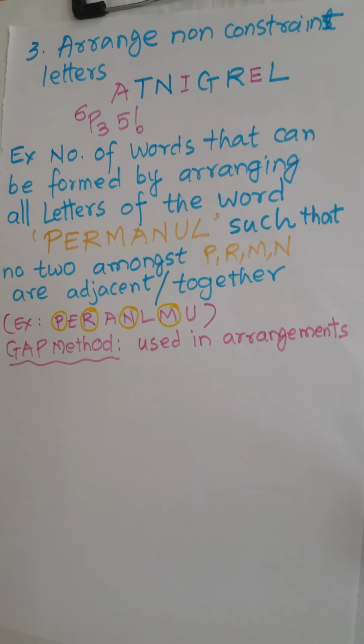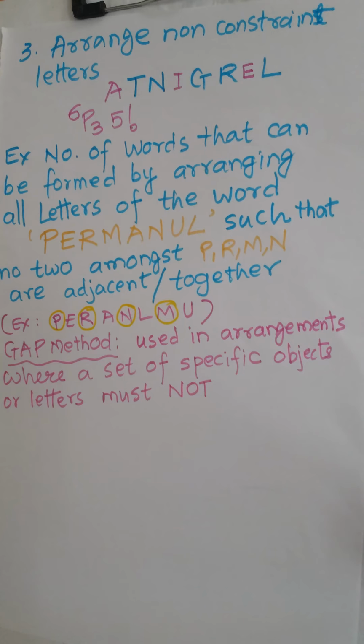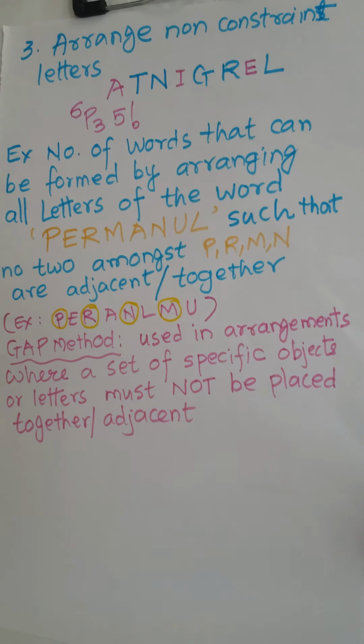The gap method is used in arrangements where a set of specific objects or letters must not be placed together or adjacent. In this discussion, we are using the gap method for distinct letters, distinct objects, words having distinct letters only. So what about this question? How will we proceed with this?